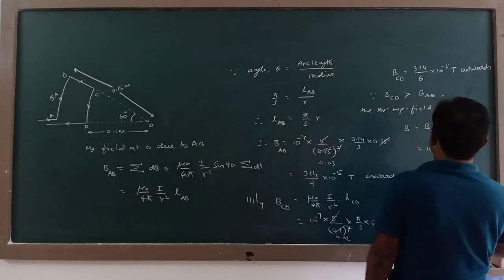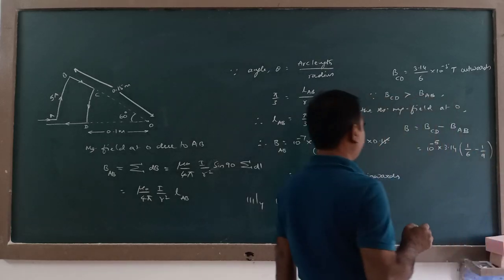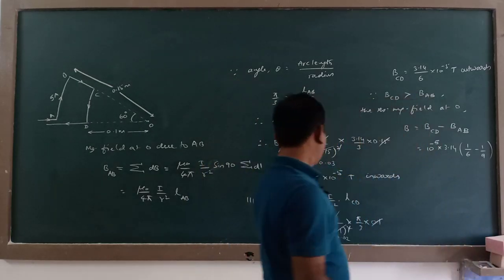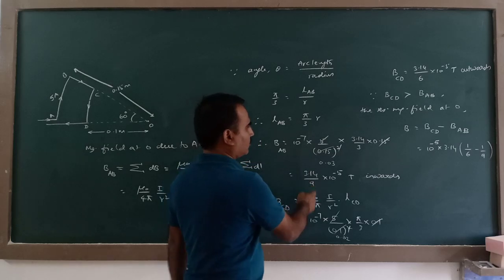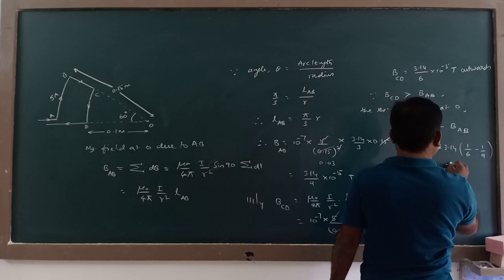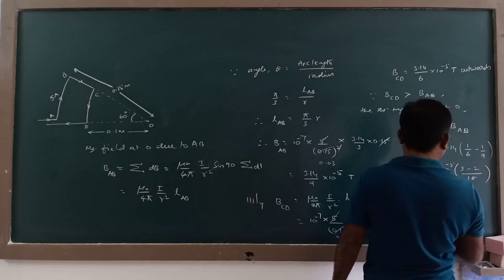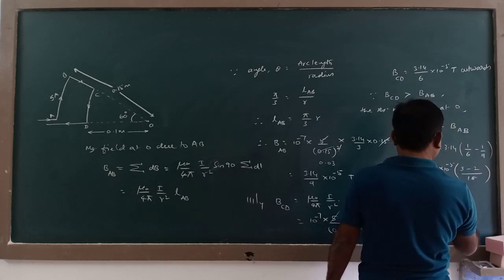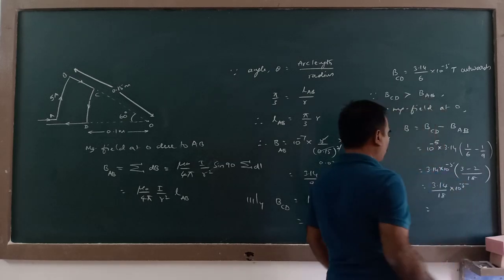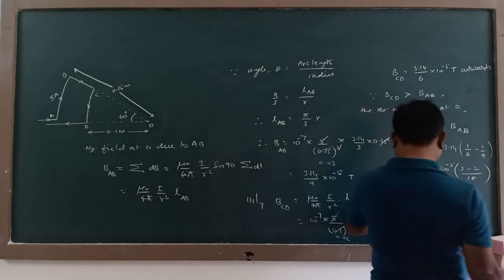So it is 1 by 6 minus 1 by 9. This is the larger field and this is the smaller field. So 3.14 into 10 to the power of minus 5. Here LCM is 18. So 3 minus 2, 1 by 18. So 3.14 divided by 18, 10 to the power of minus 5. You do this calculation, you will get nearly 1.74.